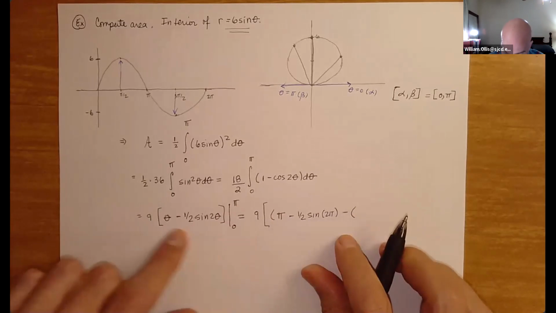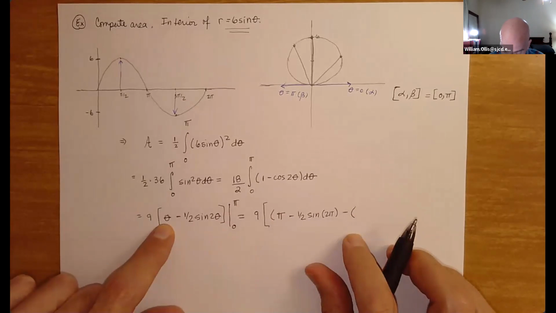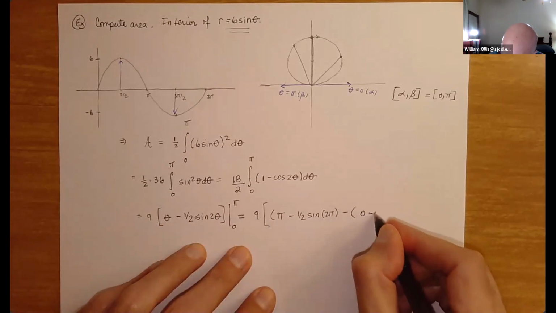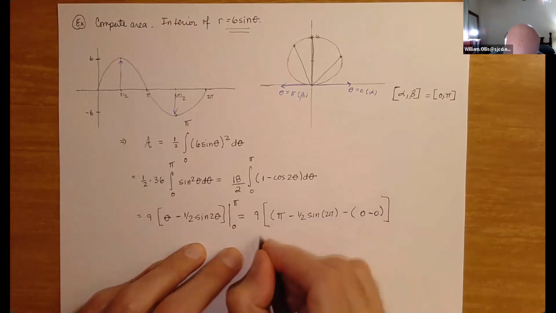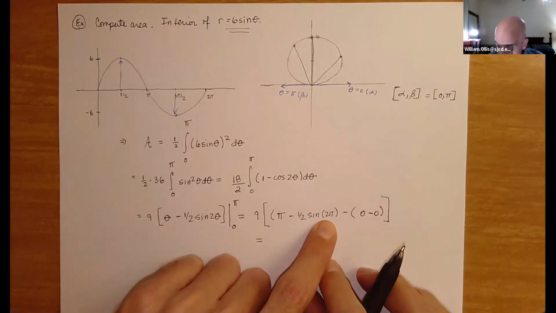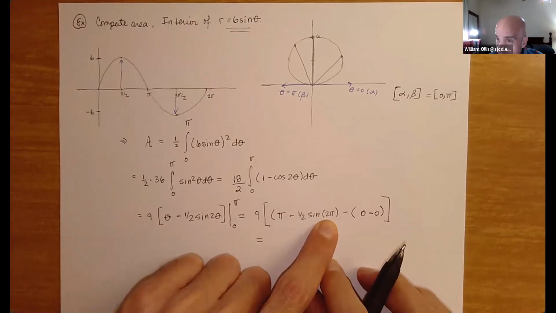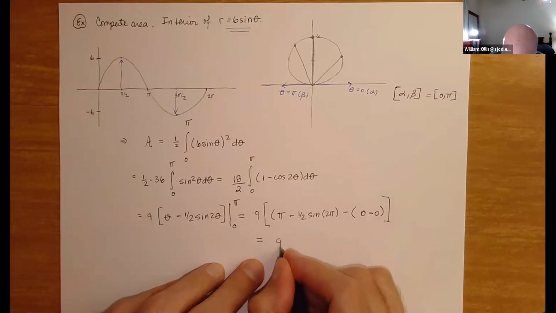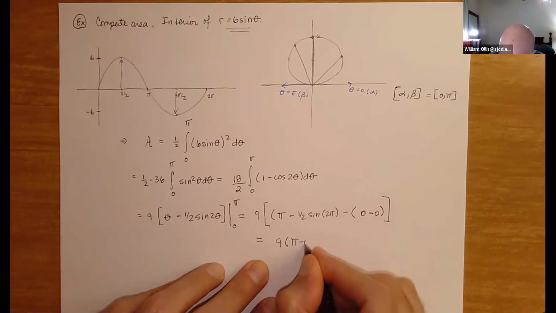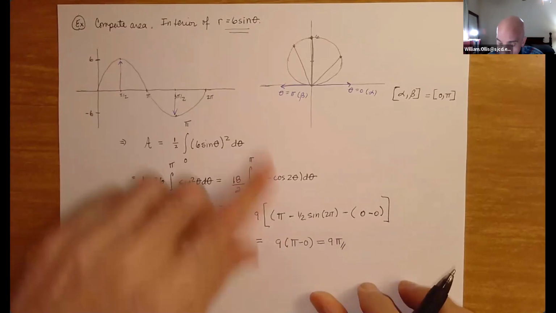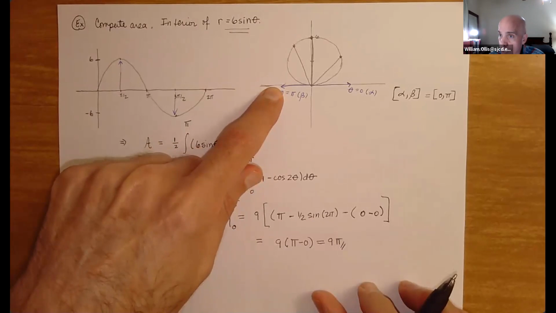And then, of course, if we put in 0, we don't even have to write that down. That's a 0 minus a 0. We clearly know sine of 0 is 0. And now, of course, the sine of 2 pi, again, that's on the x-axis. That, again, is 0. So we just get 9 times pi minus 0, which is 9 pi, which is clearly what you get if you use the formula pi r squared.